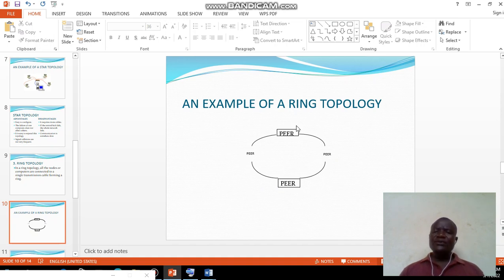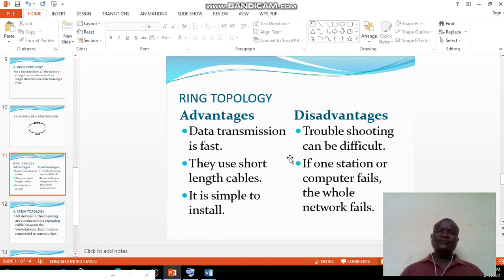And so all these computers are connected by this cable. Again, a cable from here to there. Again, a cable from this computer to that computer. And a cable again from this pair to this pair. So this system forms a ring. Hence, a ring topology.